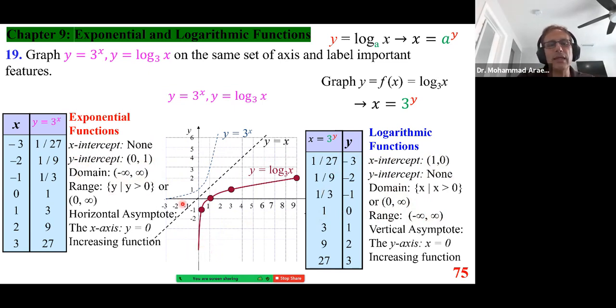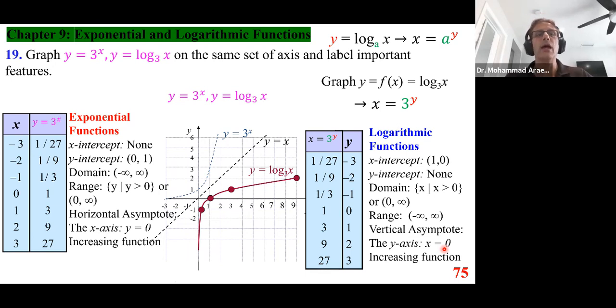This one had a horizontal asymptote. Now this one has a vertical asymptote, which is the y-axis x equals 0. Both functions are increasing.